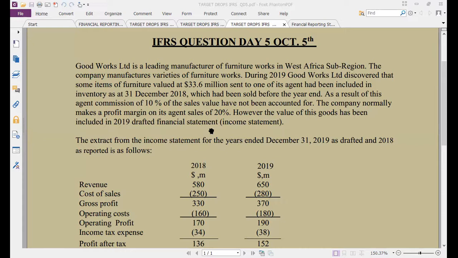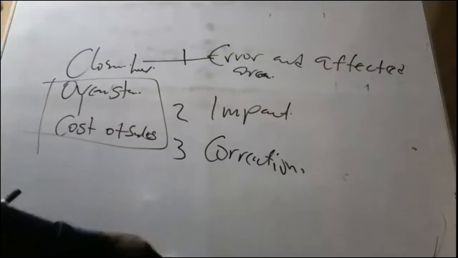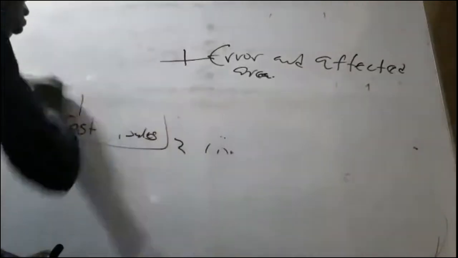Now, in one instance, that's 2018, it's a closing inventory. But in 2019, it becomes what? Opening inventory. So one mistake crossing over to the next period and still be in there. So this is how I will look at the impact before I go to the correction.